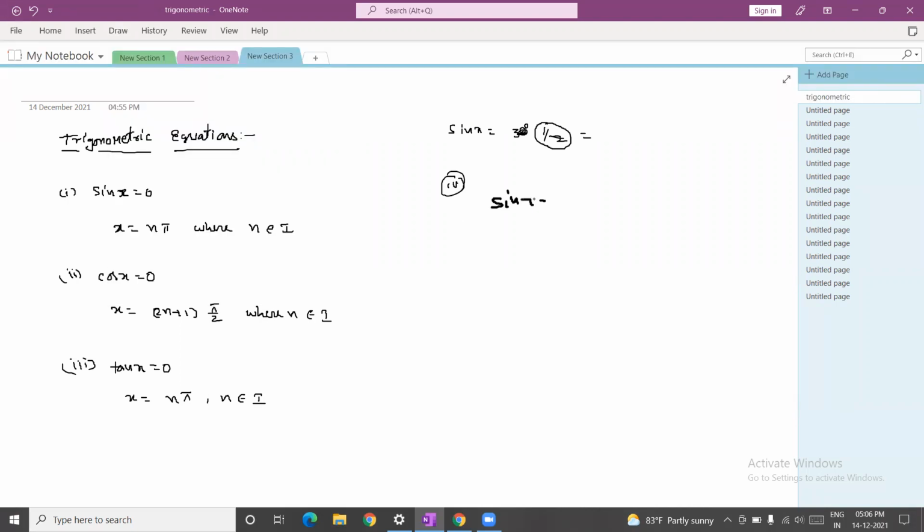So here, if sin x is equal to sin alpha, what is the general solution of x here? Anyone? x is equal to n pi plus minus 1 whole power n alpha, because the power n will decide the alpha.